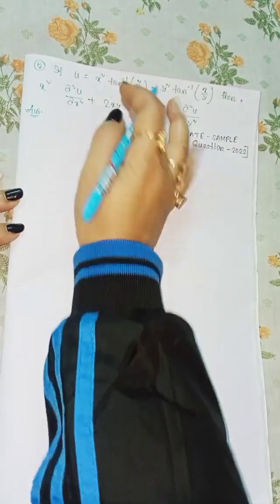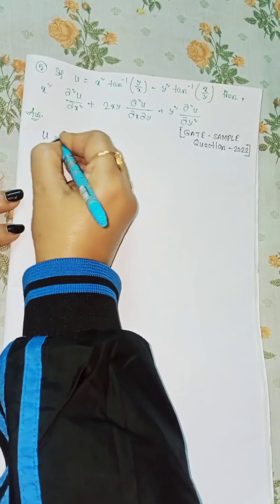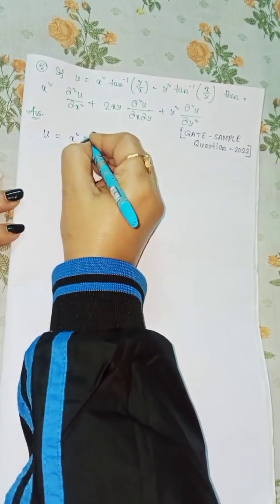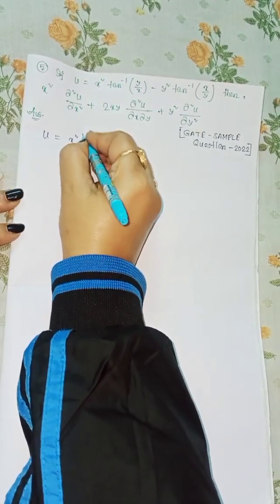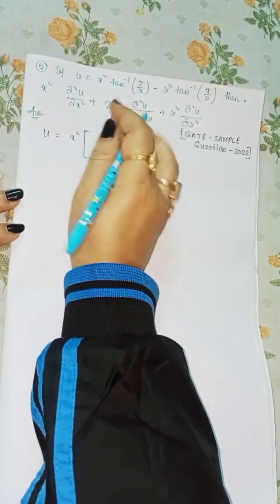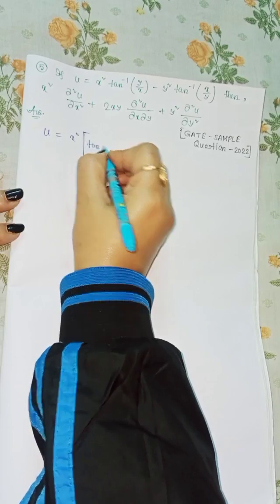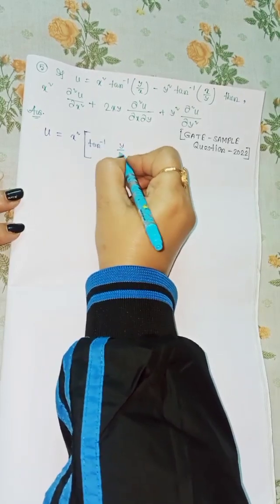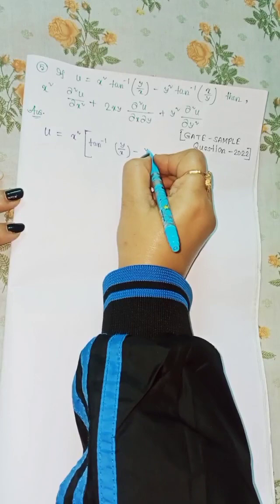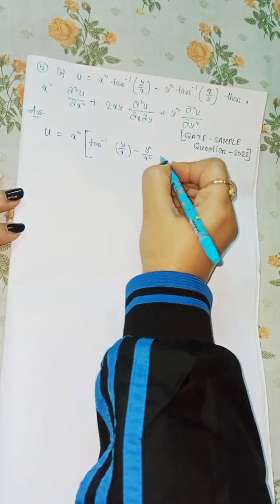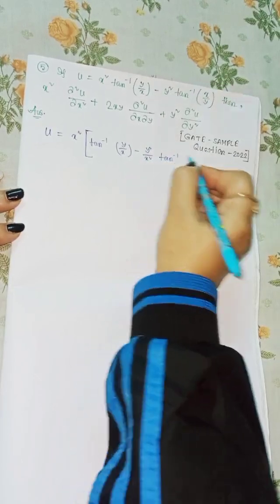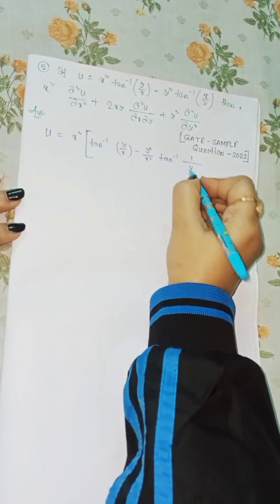So just simplifying this one. So u is equal to x square, just simplifying, taking common x square. So here we get tan inverse y by x minus y square by x square tan inverse 1 by y by x.